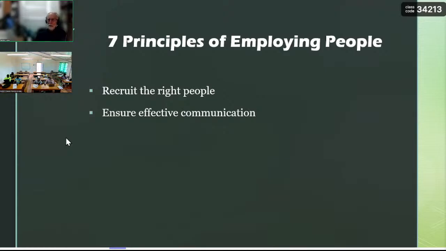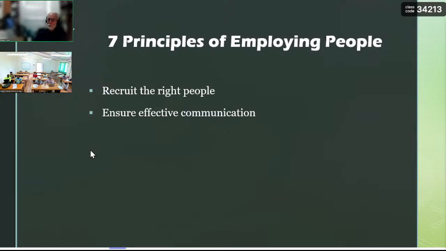Good communication depends on what your people are. Most people have mobile phones these days. Certainly everyone will get SMS, even if they have basic phones. Still text messages, of course, emails, WhatsApp groups, Facebook Messenger, any kind of way of communicating.